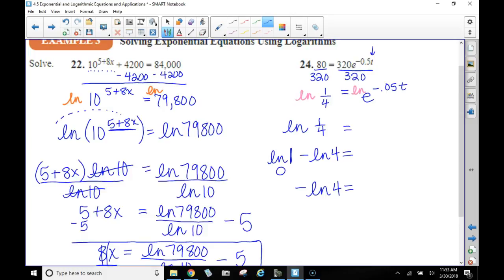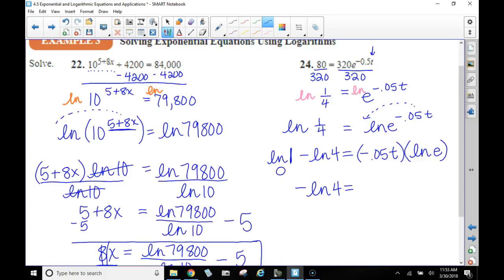Now let's simplify the right-hand side. I've got the natural log of e raised to the negative 0.05t. Bring that exponent down front, and we'll have negative 0.05t multiplied by the natural log of e.